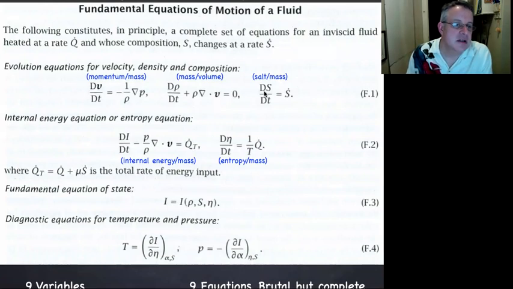But all of these conservation principles are written the same way. They're written as a control mass or control volume approach with a material derivative, in each case, of some property that's conserved. We're going to come back to these in much greater detail, just hinting at where this is going.